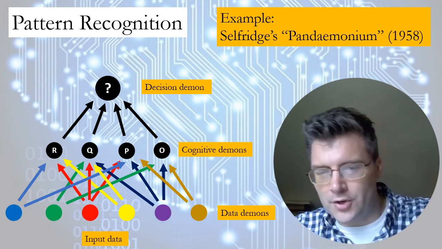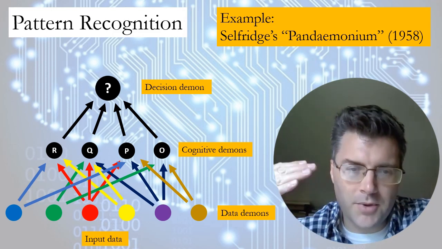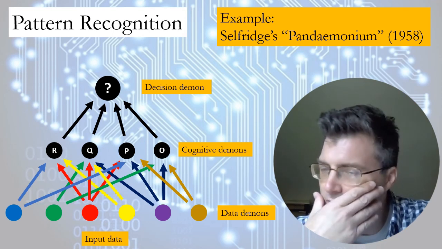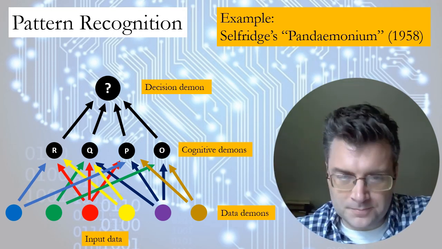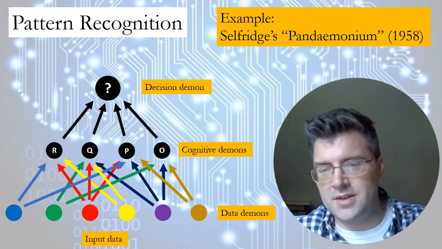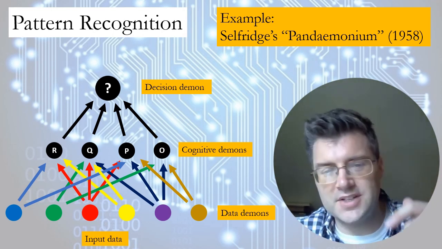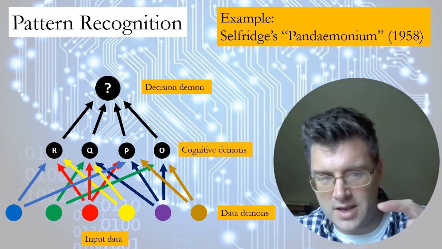And the entry-level workers, so-called data demons, send information up to the cognitive demons. They send reports, so to speak, up to the cognitive demons. And the cognitive demons send their reports up to the decision demon. And so, you will give the data demons one of these 32 by 32 arrays. You give the data demons a scanned image.